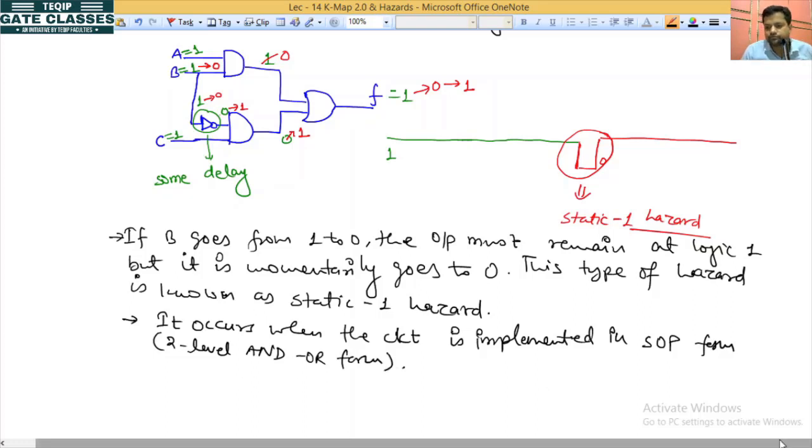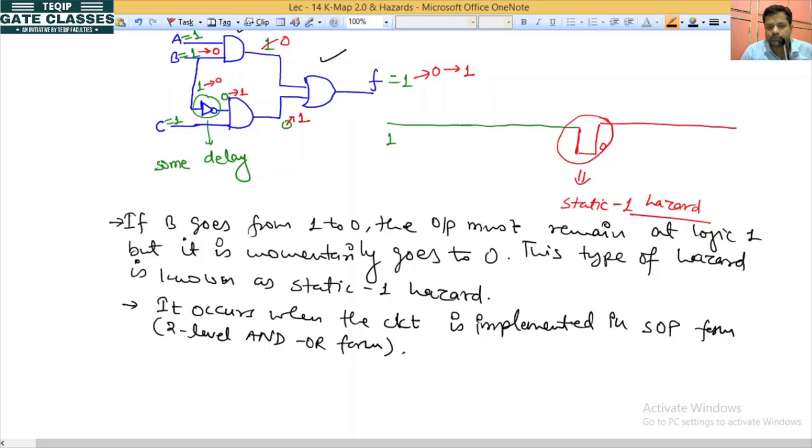You can see here it is two-level AND-OR.